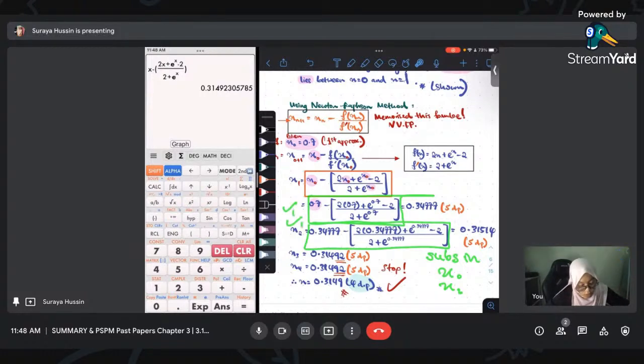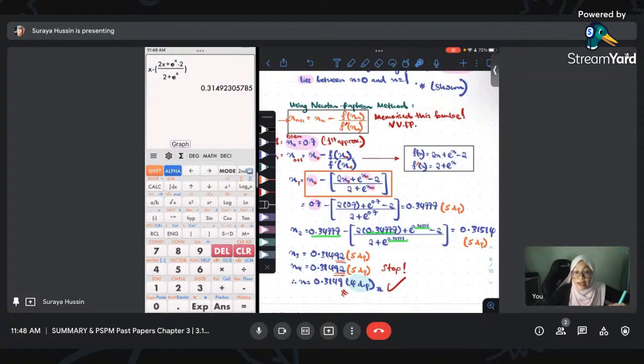Dekat sini ada 2 markah. Okay. Kalau buat assignment or anything, you cannot skip anything here. Okay. Miss tunjuk 2 sub in the value of x. This substitution, this sub in value is very important in getting full marks for Newton-Raphson Method.